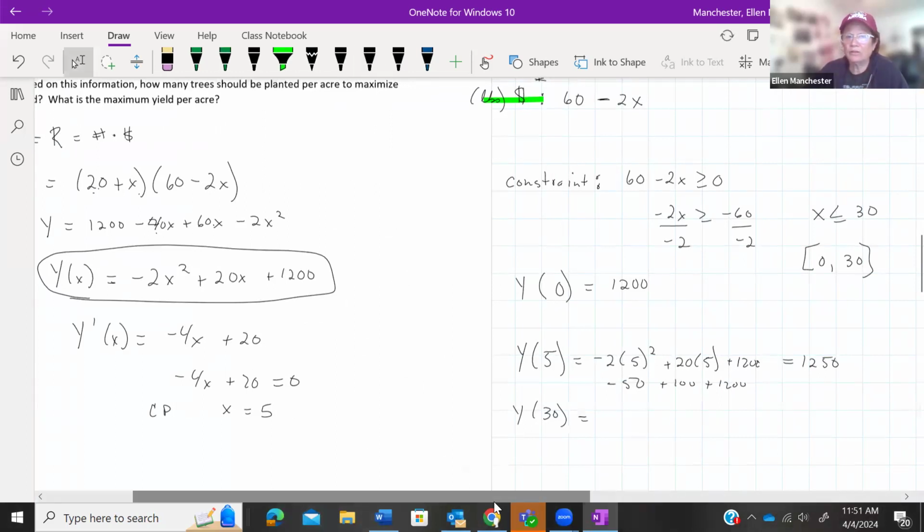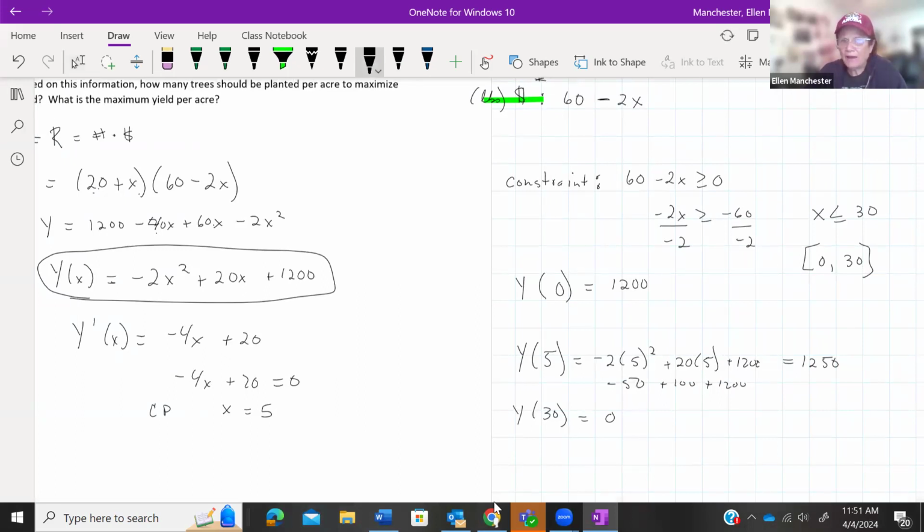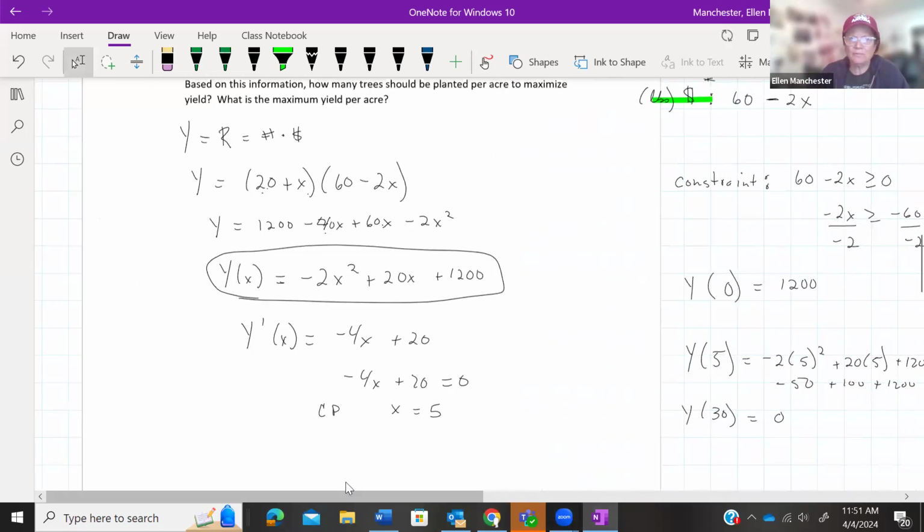And then the 30, I'm going to end up with 0 again. Okay, so just adding 5 trees adjusts the amount of fruit that will be produced, and it actually gives me a maximum yield. Okay, so you can think about this as like revenue. This is my maximum yield or maximum revenue.